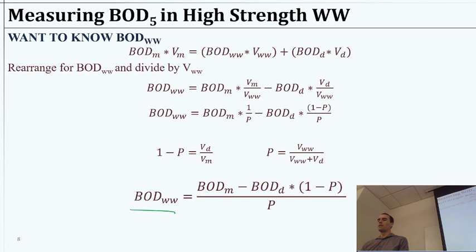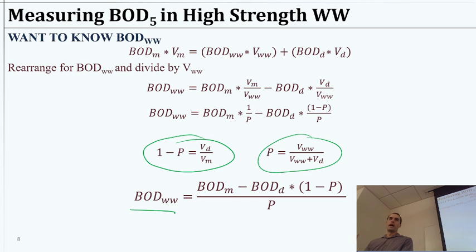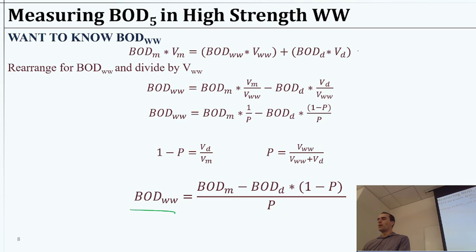The BOD of the mixture times the volume of the mixture is the BOD of the wastewater times that volume, plus the BOD of the dilution times its volume. So that's where we start, and then we just do a few clever tricks with P. We can define P, and you can also say 1 minus P is equivalent to this. It's just a little bit of algebra. I'm going to skip over it right now. It's not that important anyway. Just letting you know that this equation does get us here.